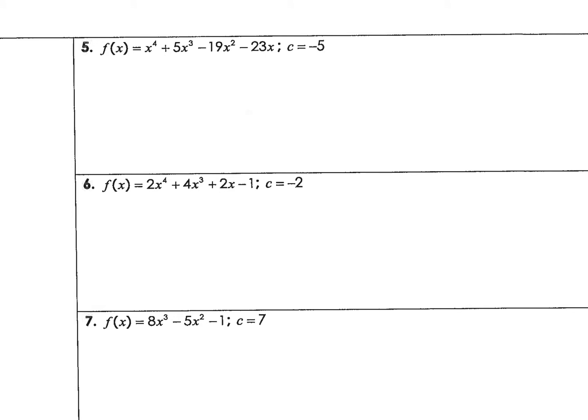If you're setting this up using synthetic division, we know -5 goes out here, but what goes up top? Thank you. This guy right here is what some of you will forget to put in because it's at the end. You have to have every single place filled. So go ahead and work this one out, figure out what it is, and double check it with your calculator.